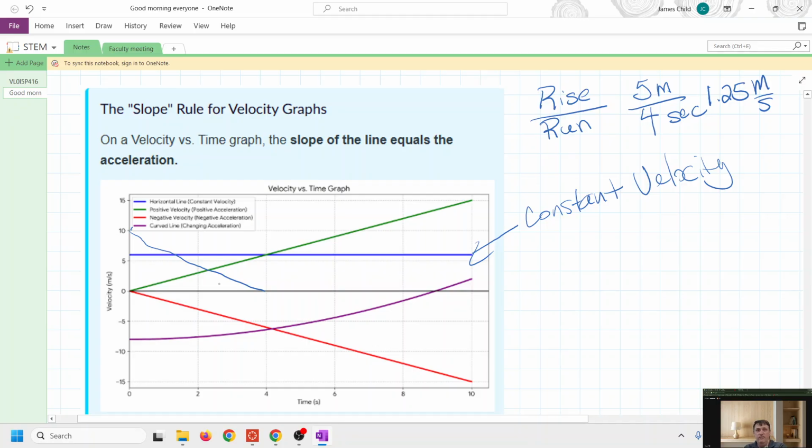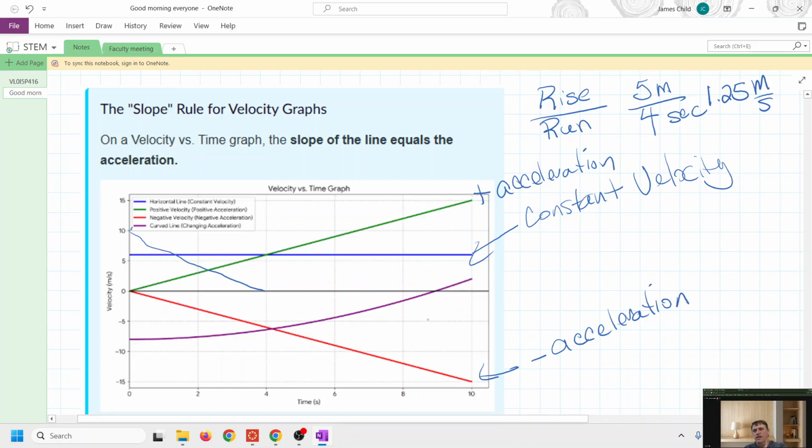I have a negative acceleration, which means I'm slowing down my velocity over time. So this is positive acceleration, and our red line here is negative acceleration.